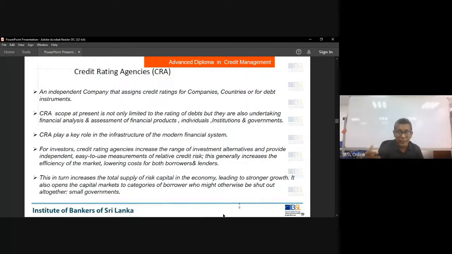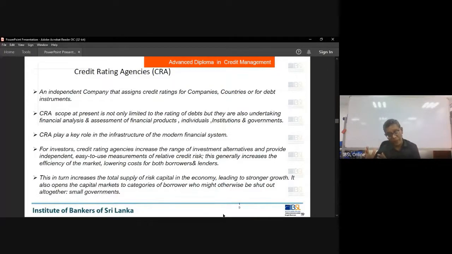A lot of complex new financial instruments like securitizations, asset-backed securities, and so many things were introduced, and all these instruments needed to obtain a rating from credit rating agencies.